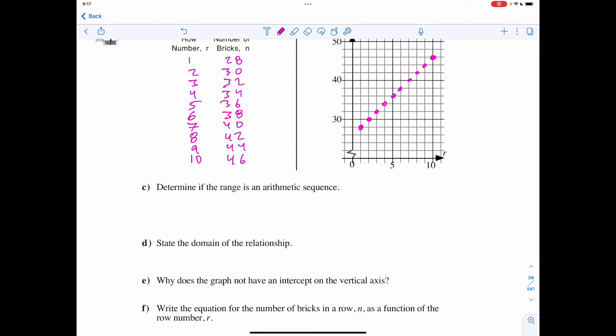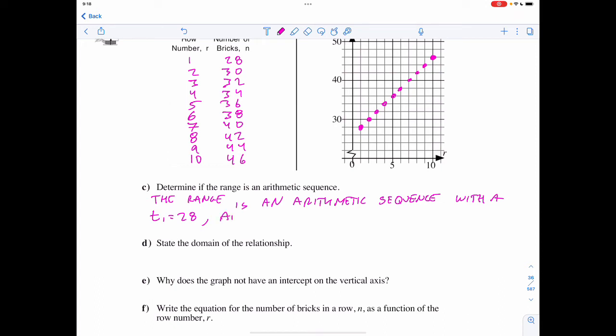Determine if the range is an arithmetic sequence. The range is an arithmetic sequence with a T1 of 28 and a common difference of 2.